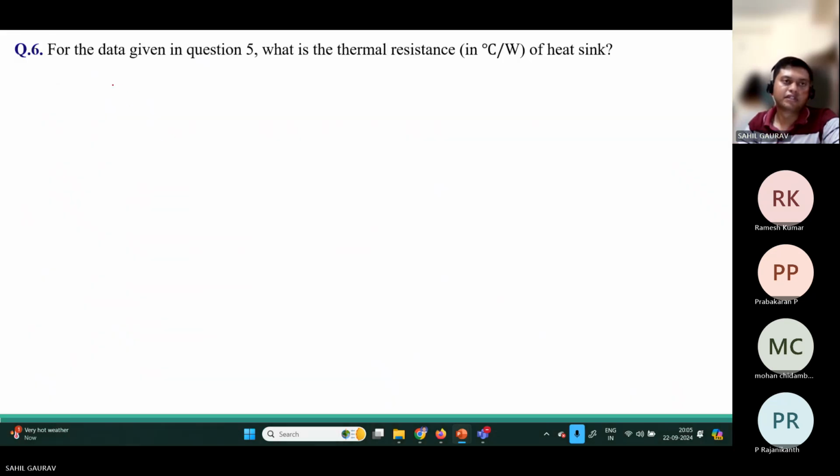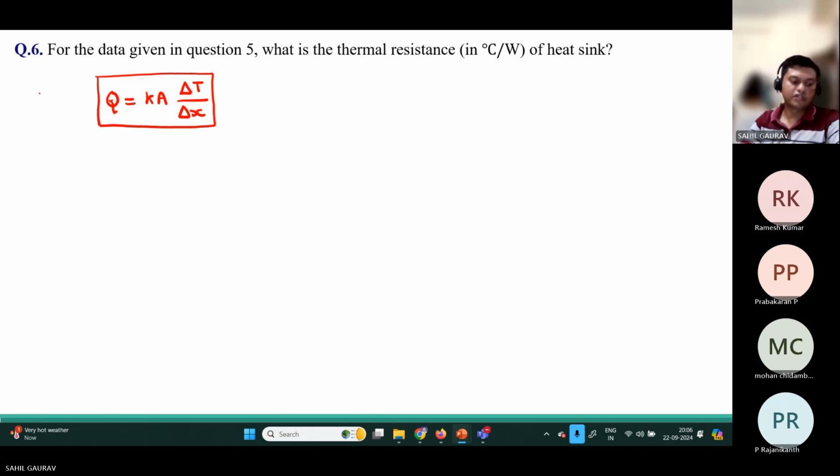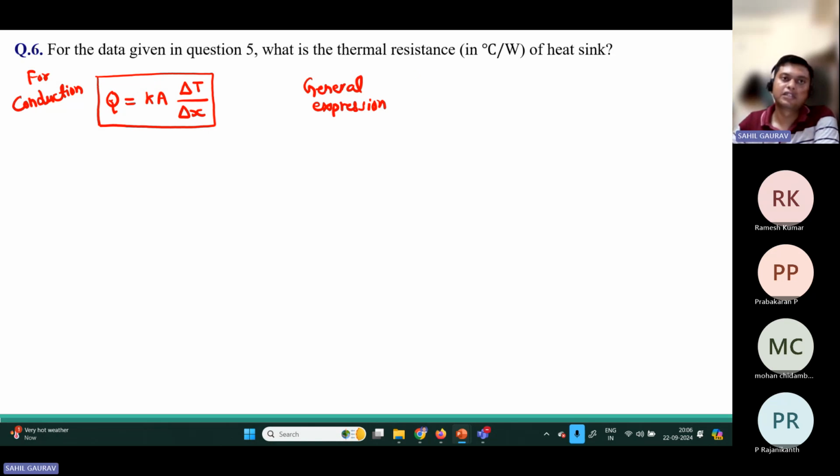So we know for the conduction problem, this heat dissipation expression is KA into delta T upon delta X. For conduction, and the general expression we know that P equal to delta T upon R theta. That is thermal resistance.